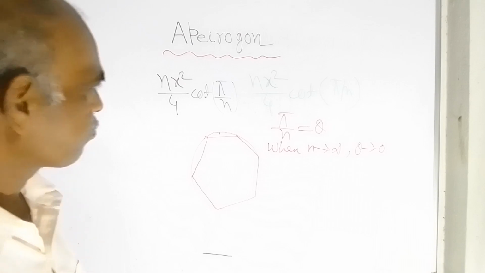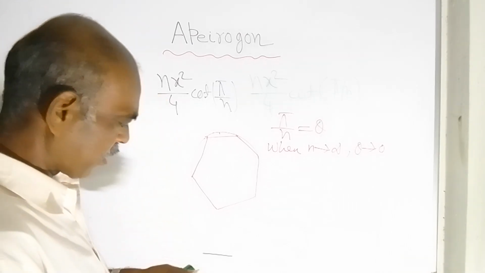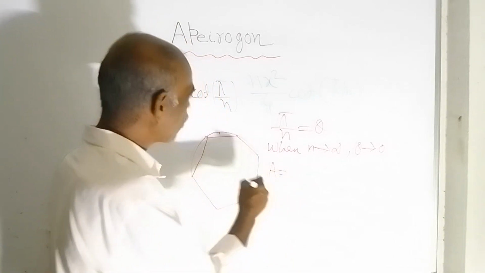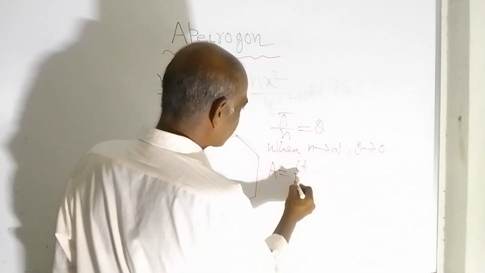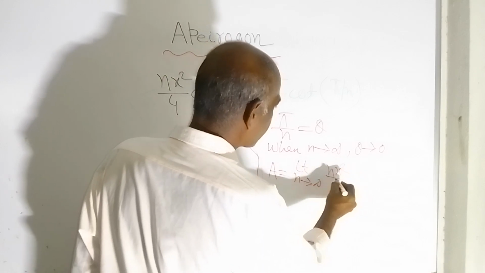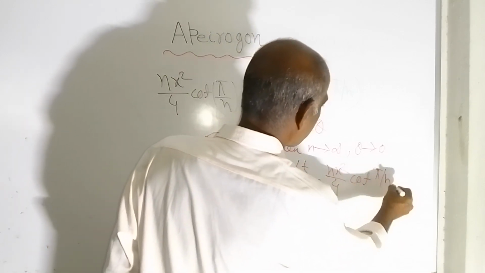So we are going to use this formula now. The area A of the circle is equal to limit n tends to infinity of n x square by 4 cot pi by n.